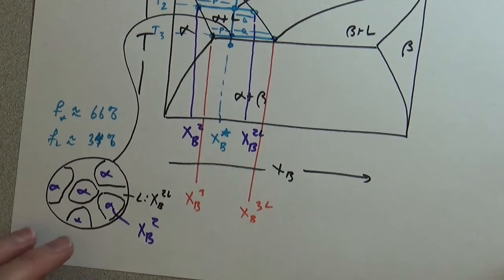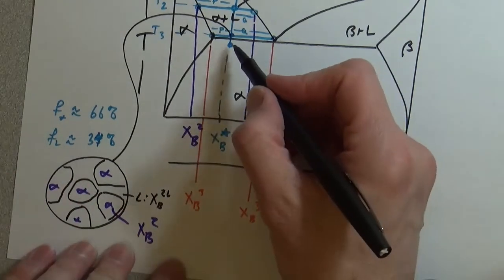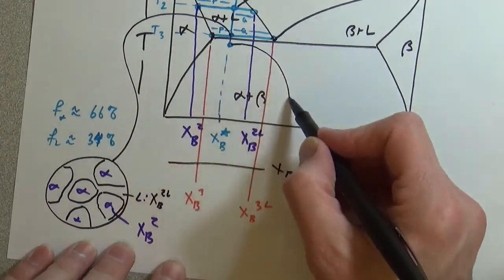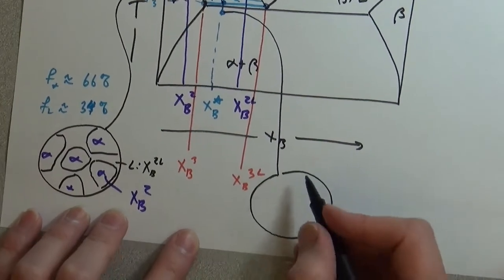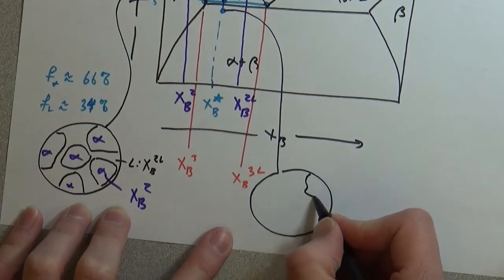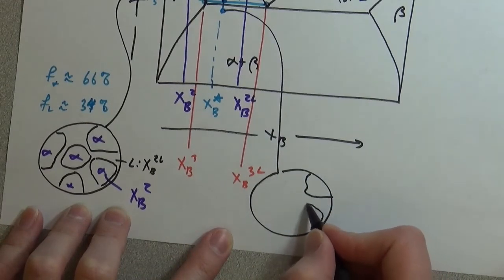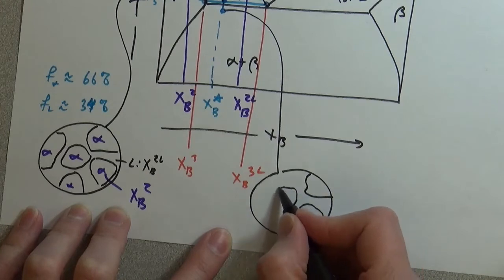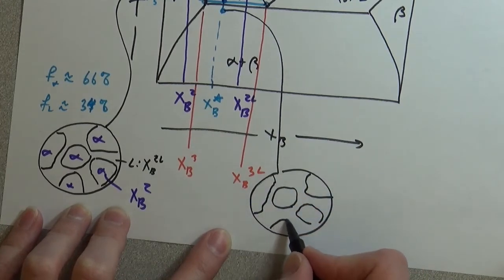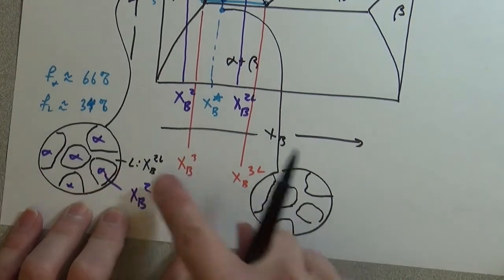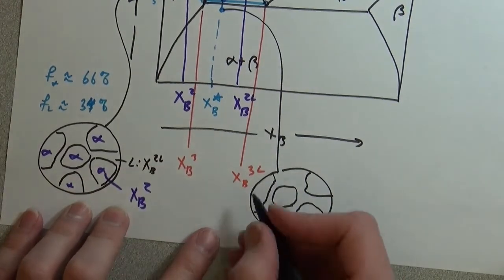kind of skip to the punchline here, what that means for the microstructure. So the microstructure now looks like, I'm going to try to mimic that microstructure as best I can.